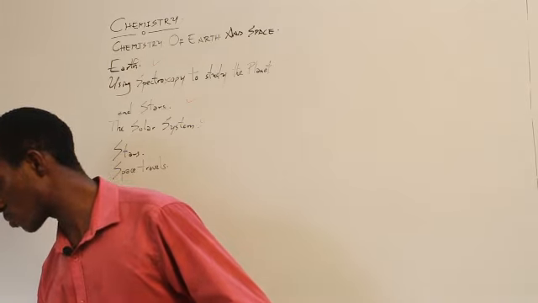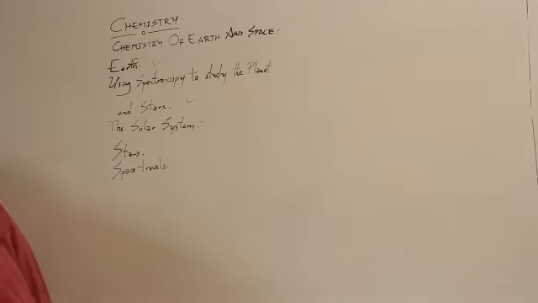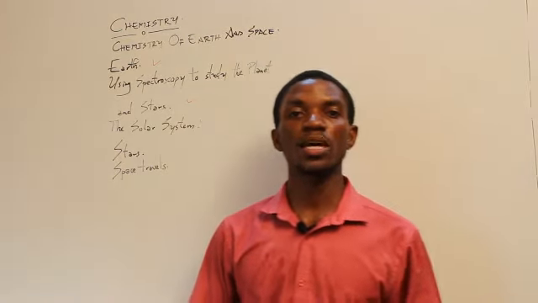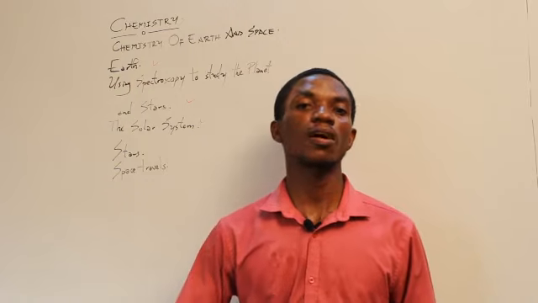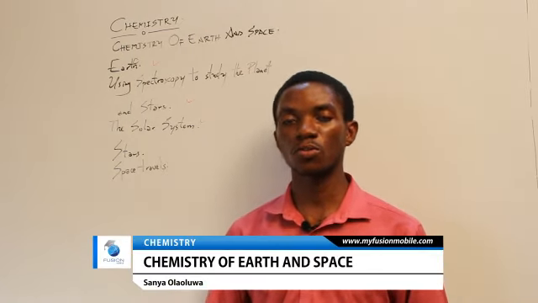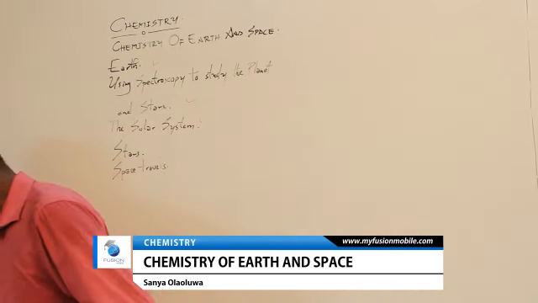Of course, we measure the age of stars. We measure interstellar distances in light years. 1 light year is about 9.24 times 10 raised to power 15 meters. So that is 1 light year.